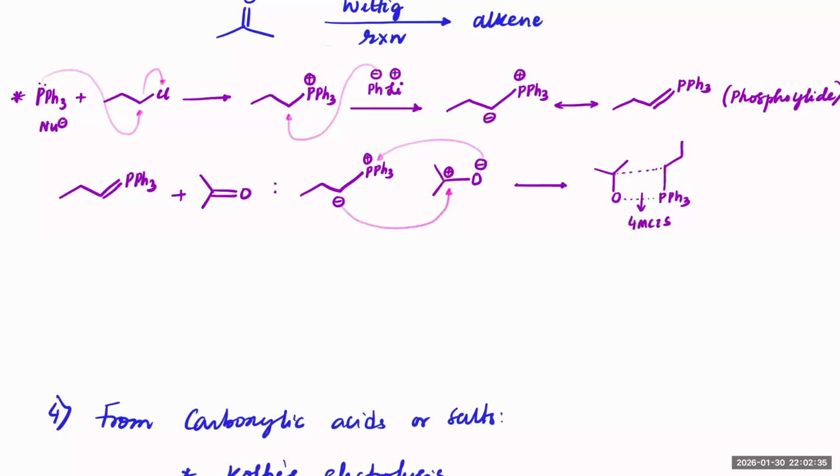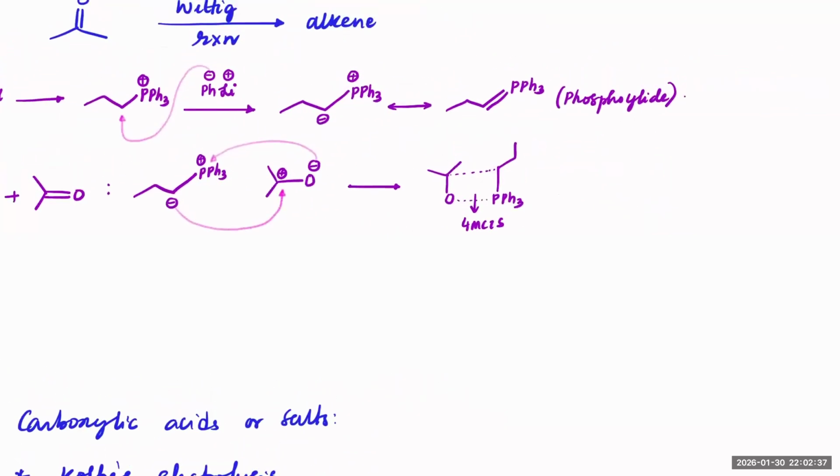Got it? So as it occurs here, you will see this bond will start connecting here. We will get a bond formation like this with PPh3 and here oxygen made a bond with phosphorus. And now what would happen? This bond will try to break towards phosphorus and this bond will try to break towards carbon.